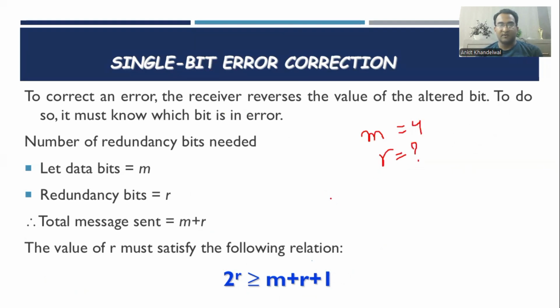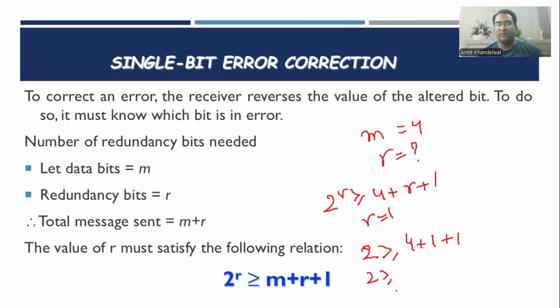So the condition will be 2 to the power r greater than or equal to 4 plus r plus 1. If we take the value of r equals to 1, then 2 greater than or equal to 4 plus 1 plus 1, that is 2 is greater than or equal to 6. The condition becomes false there.